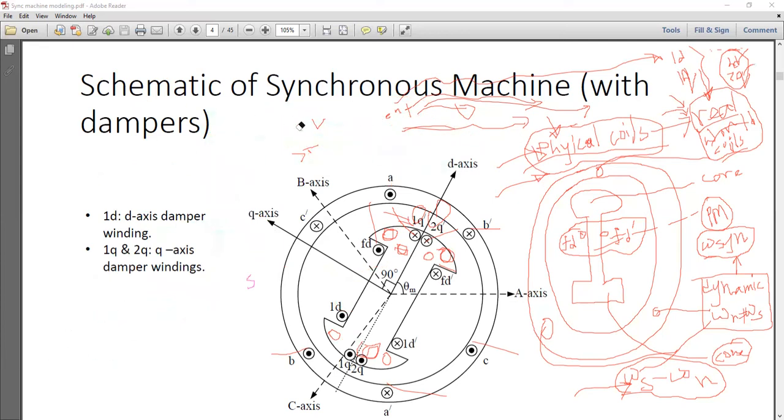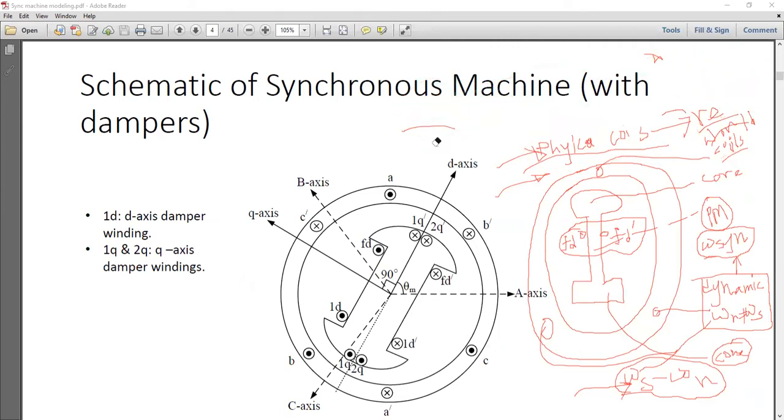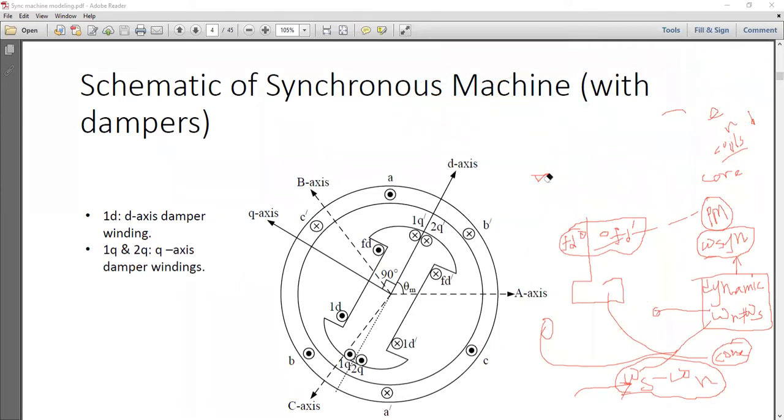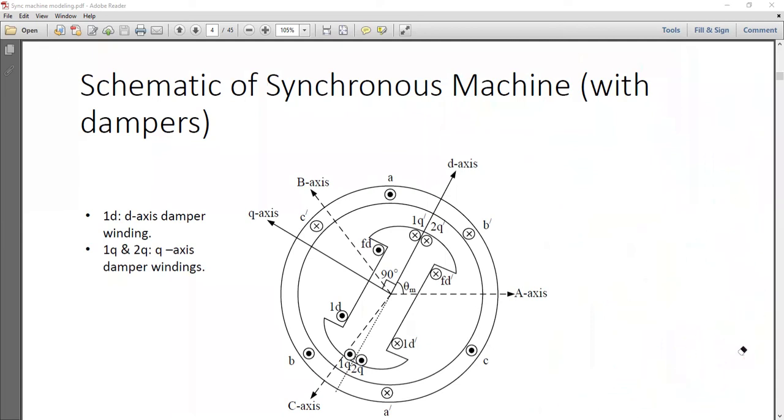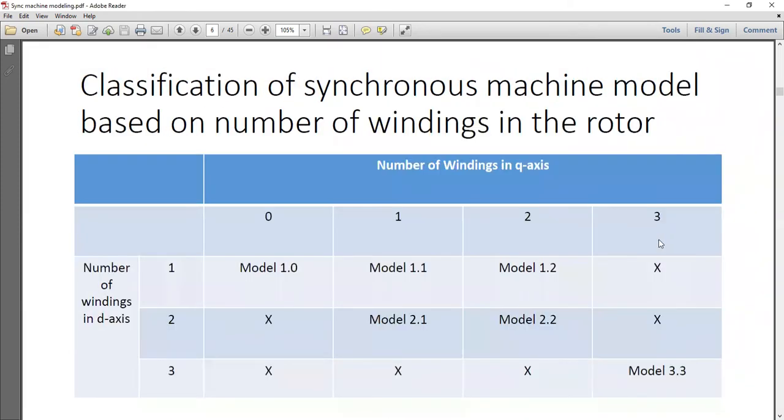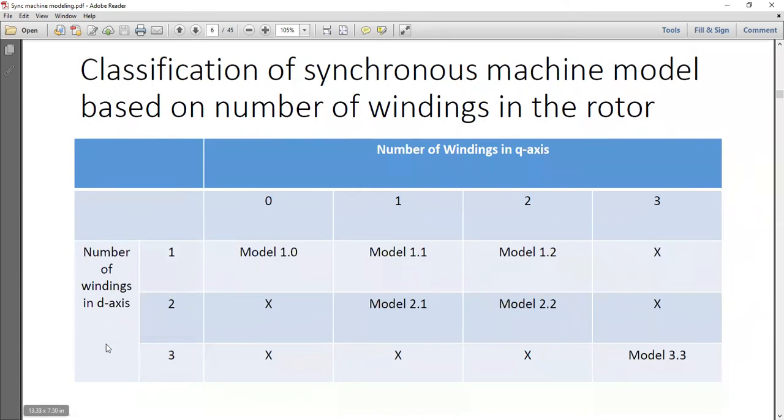So let's move on. That's why you might see probably 3.0, which means you are only focusing on the D axis and the Q axis pair is not there.